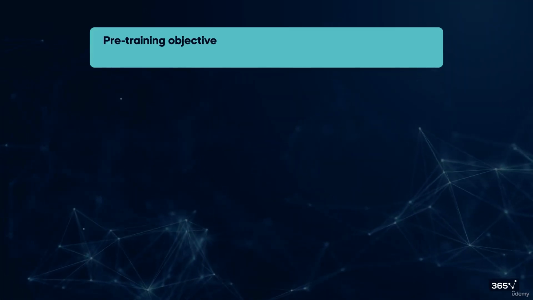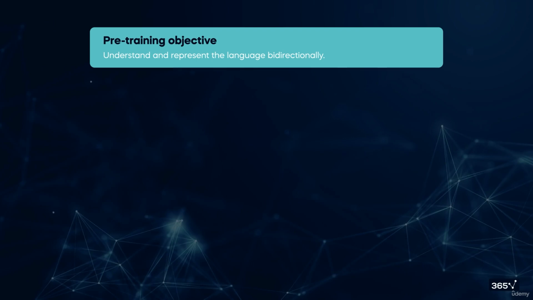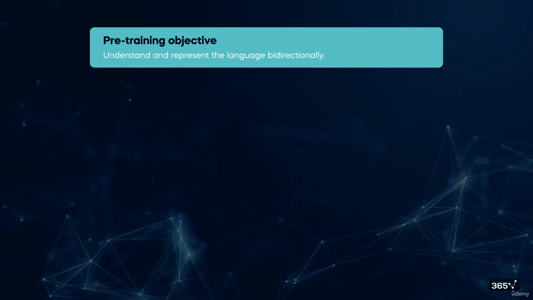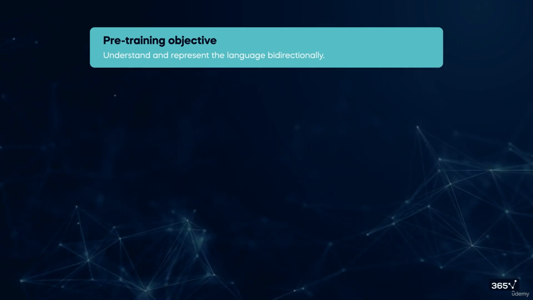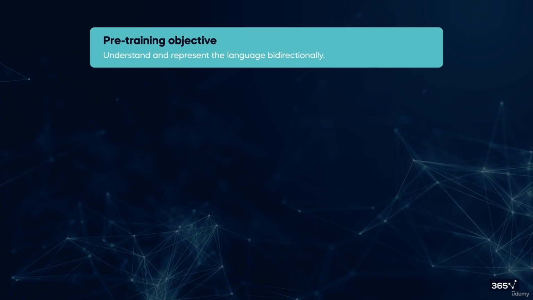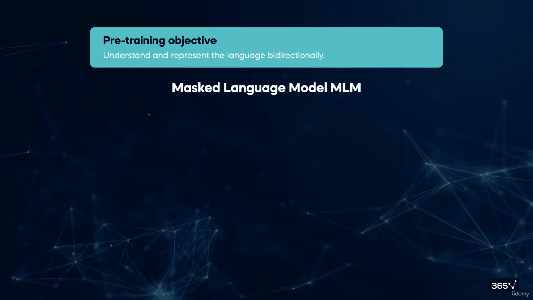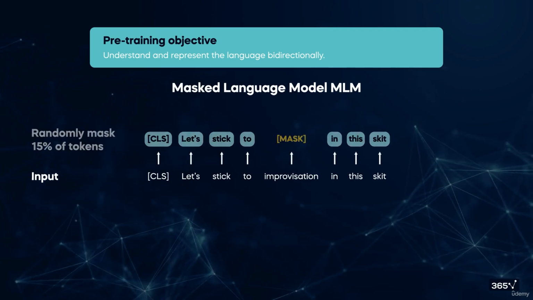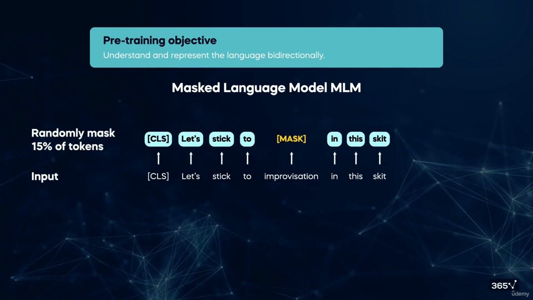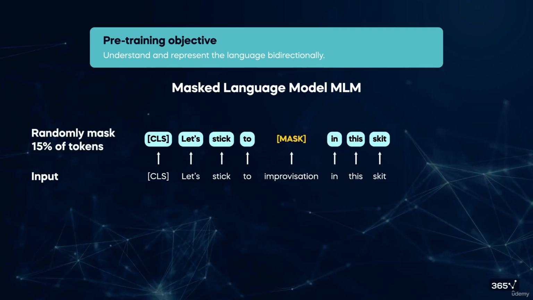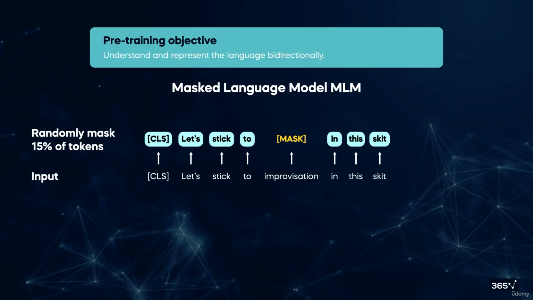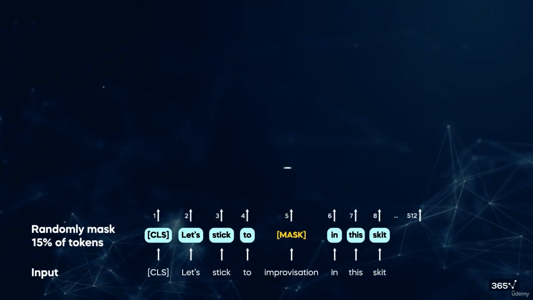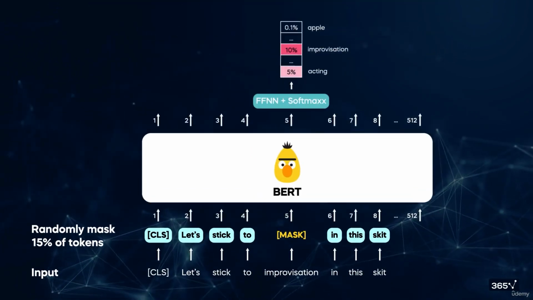BERT's pre-training objective is focused on understanding and representing language bidirectionally. The model is pre-trained using two primary objectives. The first is masked language modeling. In this objective, a fraction of the tokens in each input sequence are randomly masked, and the model is trained to predict the masked word based on the context provided by the surrounding tokens.